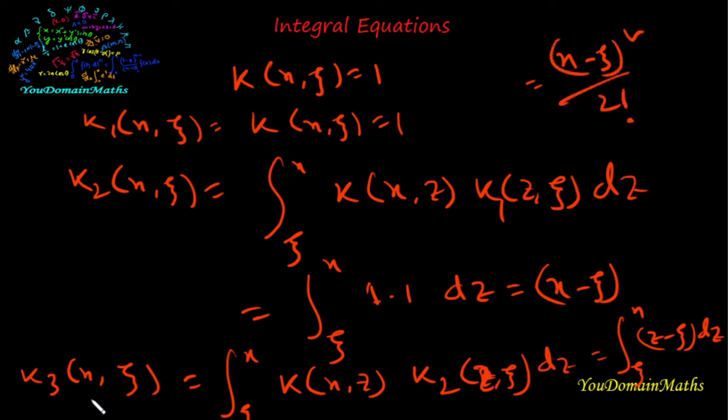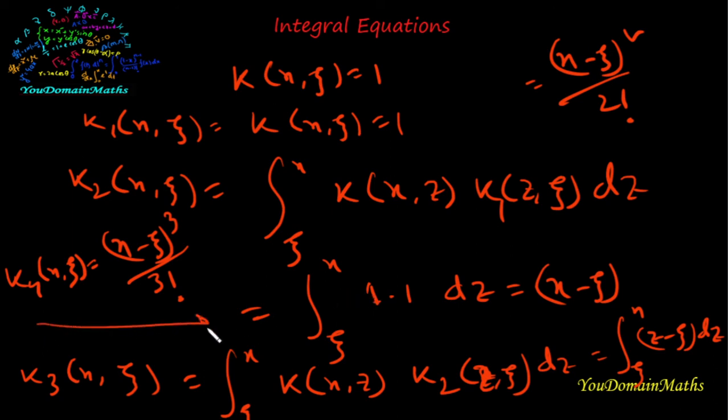If we find K4(x, xi), the answer is x minus xi to the power 3 by 3 factorial. And using this, we get an iterated kernel.